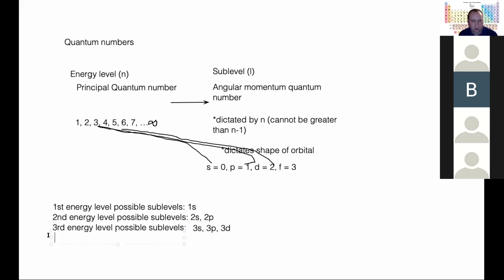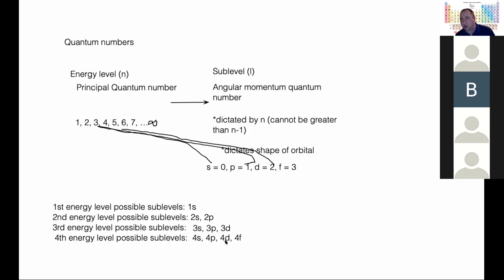In the fourth energy level, we can have the 4s, 4p, 4d, and 4f. You can see that as we increase our energy level, we also increase the number of possible sublevels.